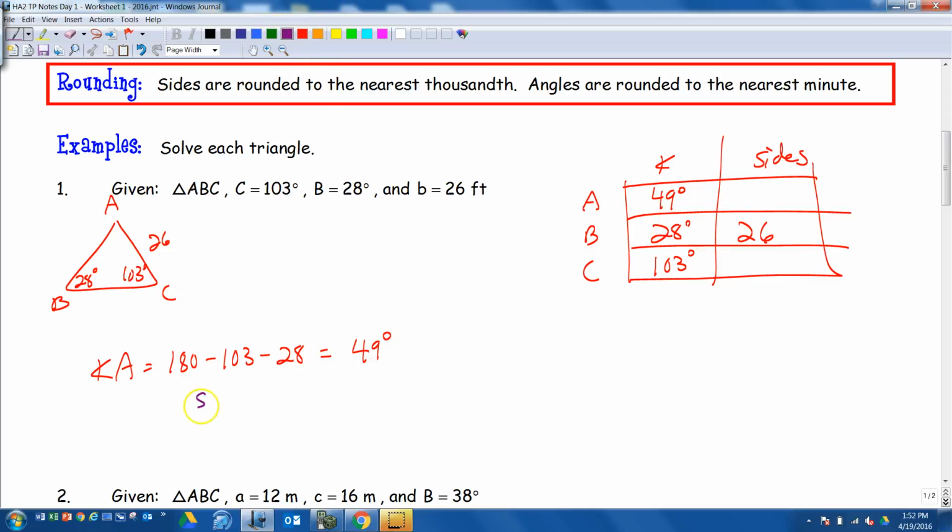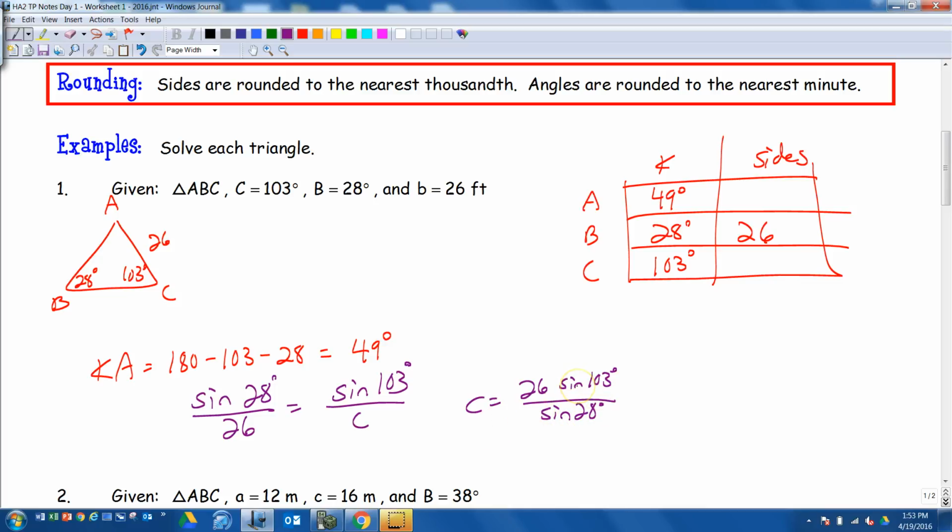So I can say the sine of 28 degrees over 26 is equal to, if I'm looking for side C, sine of 103 over C. Cross multiply and divide. So you get C is equal to 26 sine of 103 and then divide by sine of 28.